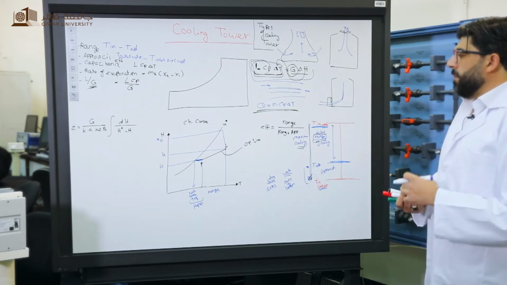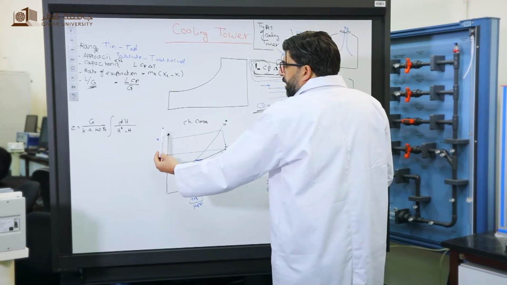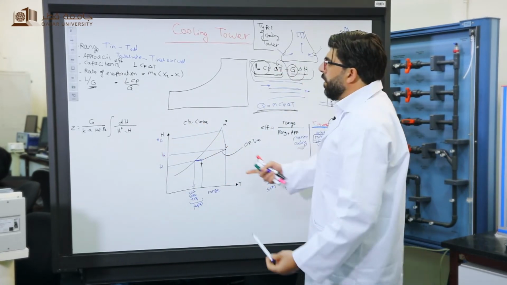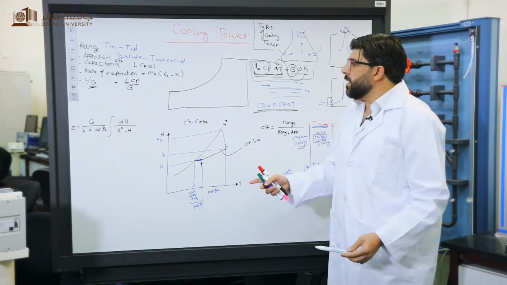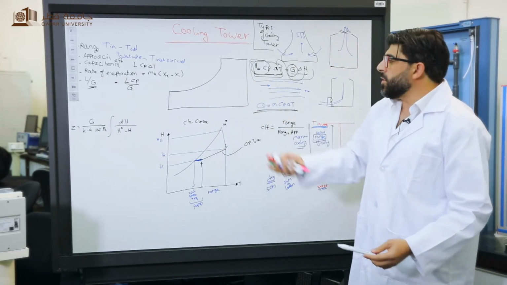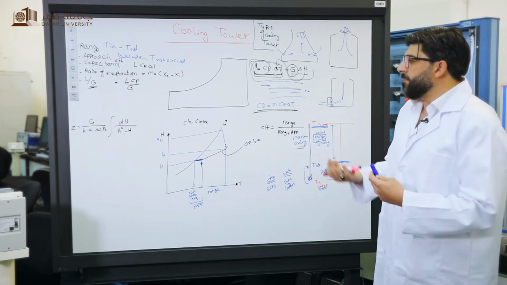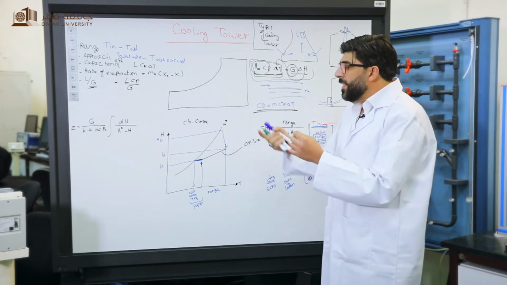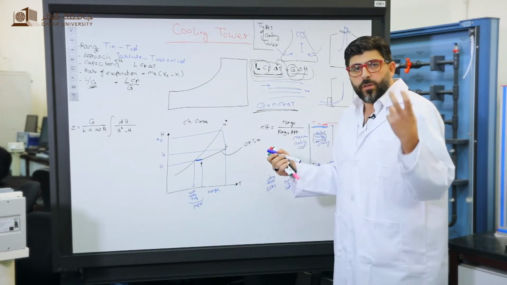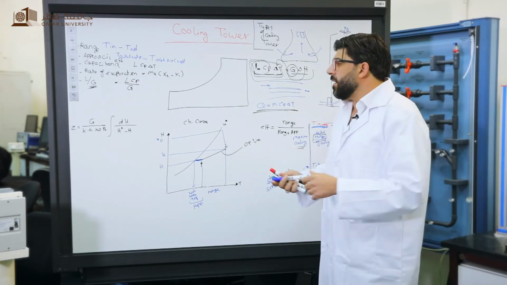Now you have to determine all these things, enthalpy and also humidity. How can you determine them? Using a psychrometric chart. The psychrometric chart is used to determine the air condition, like enthalpy. If you already know any two characteristics of the air, you can determine the remaining characteristics.